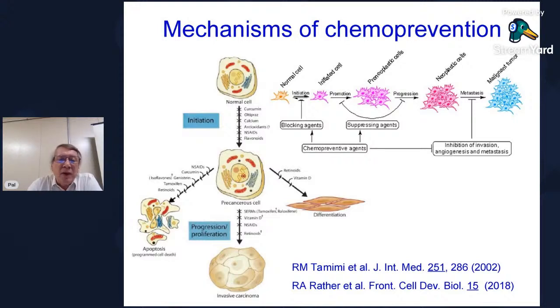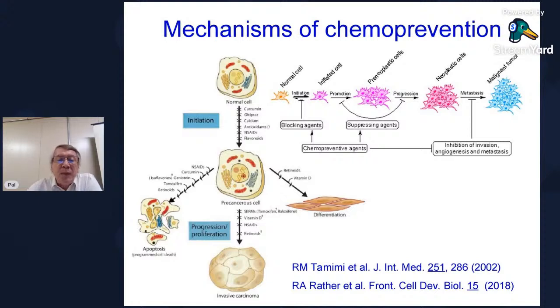However, it can also be a virus, or it can be electromagnetic radiation with proper energy. The initiated cells afterwards can undergo a second step, called promotion, resulting in pre-neoplastic cells, and this pre-neoplastic stage can still be successfully treated by the so-called chemopreventive agents.